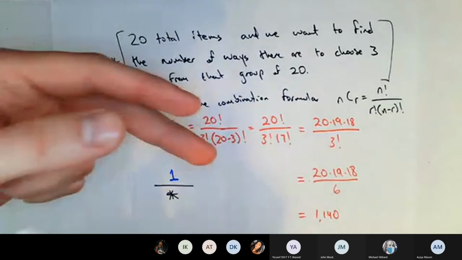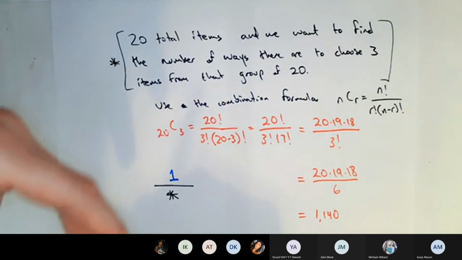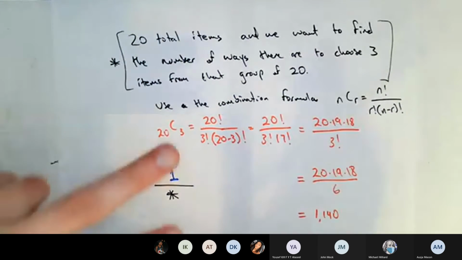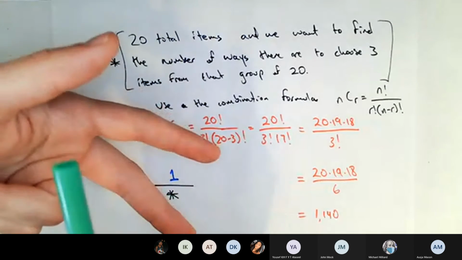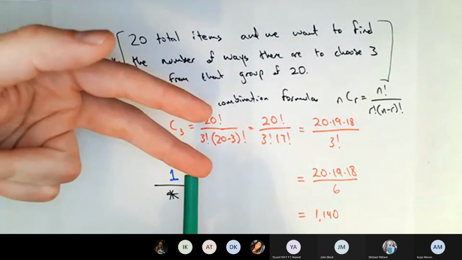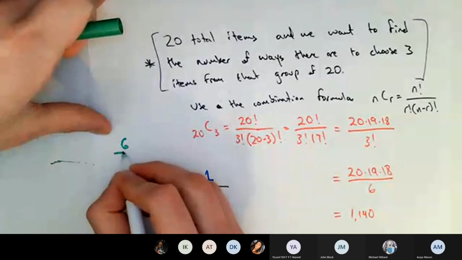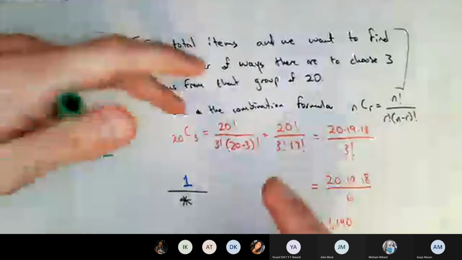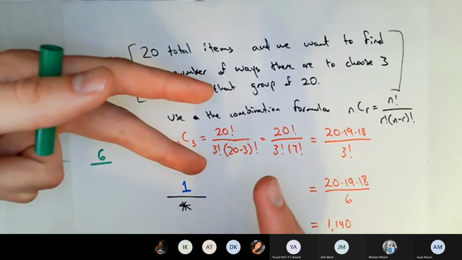You can mix them up. If you solved the problem like that, your numerator would be a 6 because there are 6 ways to mix those three toppings.